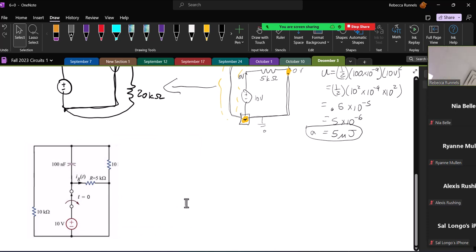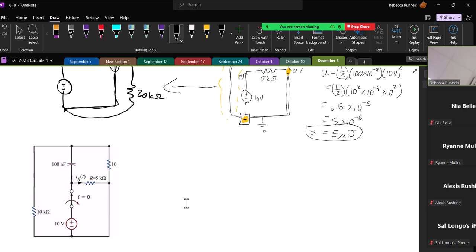Okay, so at 0 plus, I will have opened up that switch, and so now it will look like this. I've got my capacitor no longer an open circuit, and it's IR that I'm looking for right there. And this part is now open.